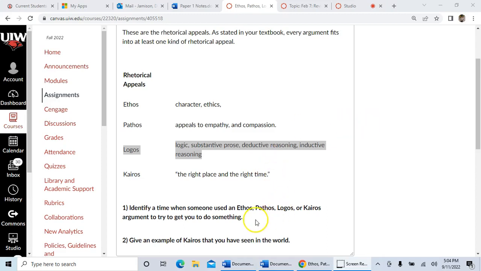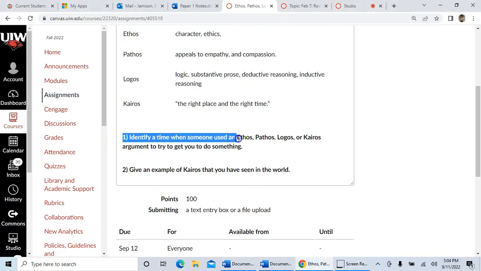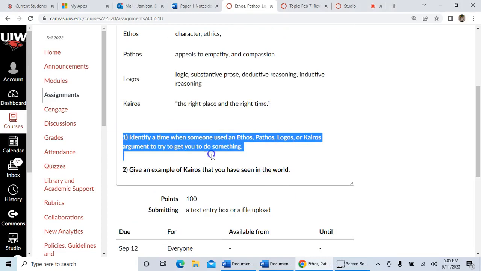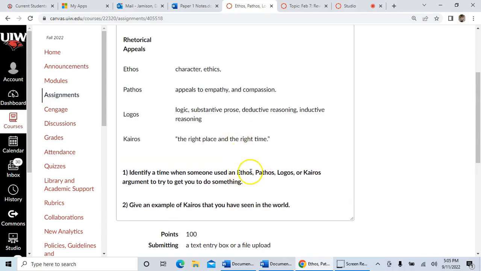So, for these two questions, number one here, identify a time when someone used ethos, pathos, logos, or kairos arguments to try to get you to do something. Maybe your mother told you to take out the trash because she's your mother and she knows she's in charge, right? So that would be an ethos appeal.